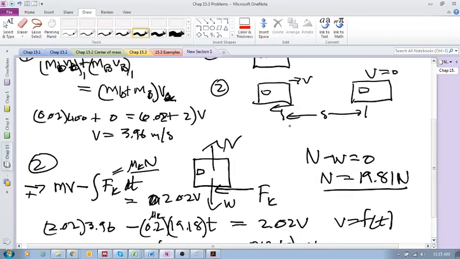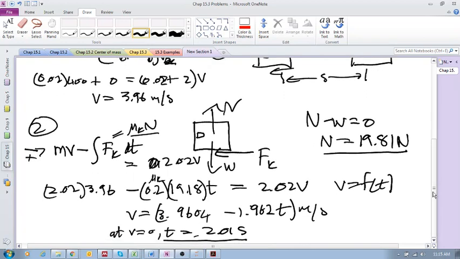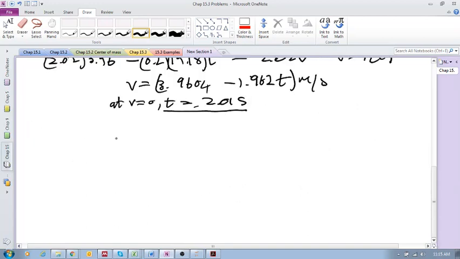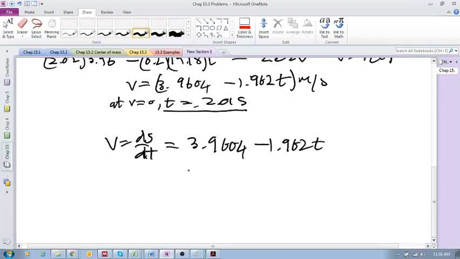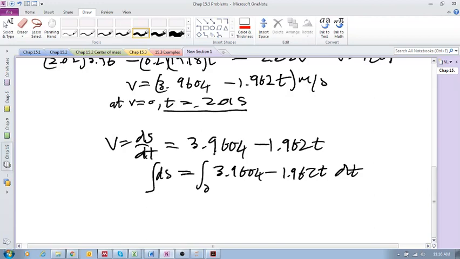We're after the total distance. So the reason why we wanted v as a function of time is so that we can now apply kinematics, where we say v is ds dt, and the v we know is 3.9604 minus 1.962 t, and so the integral of ds is the integral of 3.9604 minus 1.962 t dt between 0 and t, between 0 and s, and we get this function again.